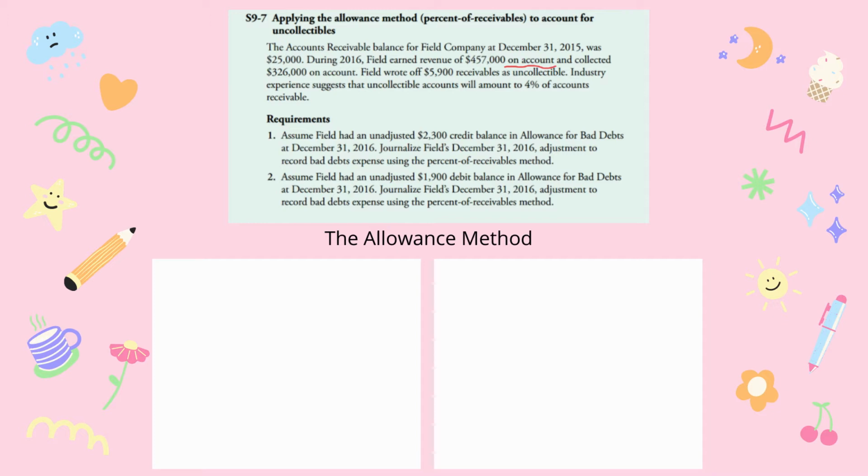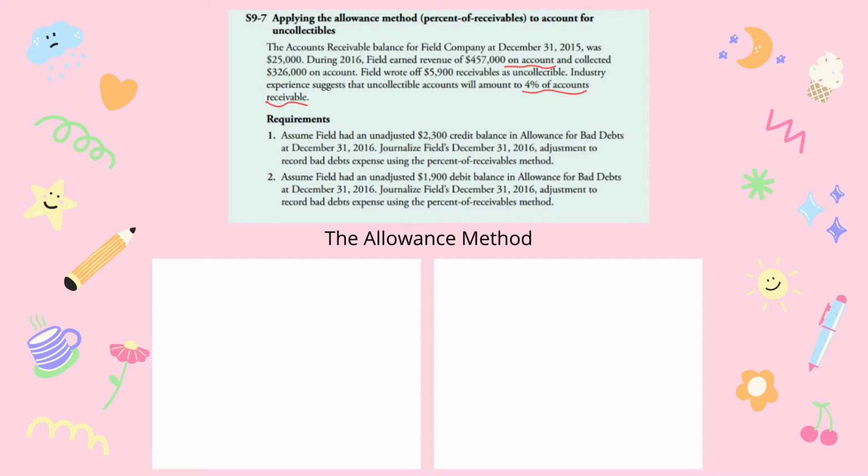Now Field wrote off 5,900 receivables as uncollectable. Industry experience suggests that uncollectable accounts will amount to 4% of accounts receivable. Now, as you know, accounts receivable is not a temporary account, it's a permanent account, which means we do not close it at the end of the period.